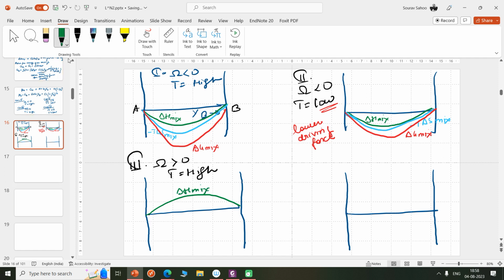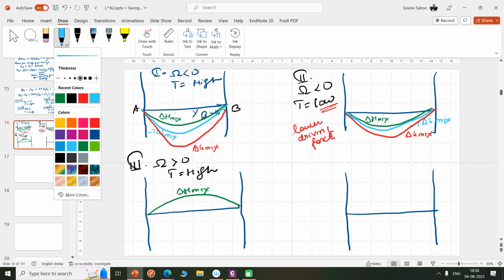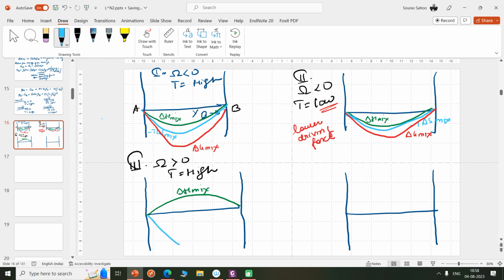But my temperature is high, that means the configuration entropy term is highly negative, right? So, very deep.